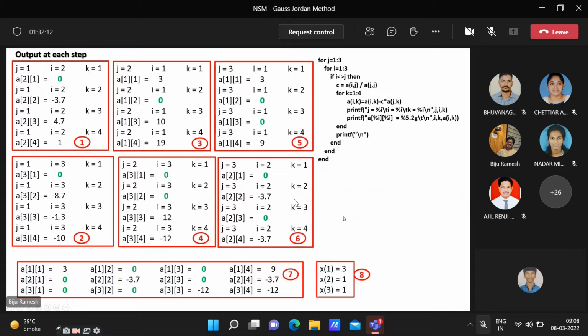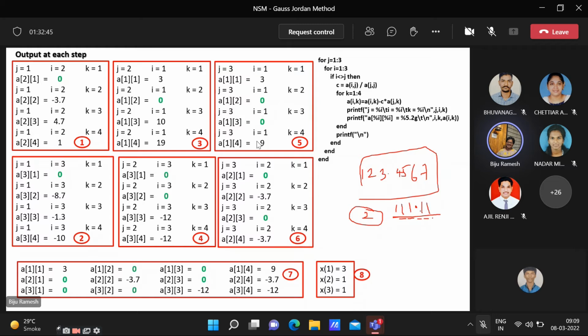Now suppose you have a number like 123.456. You want only two numbers after the decimal point, and a total of 5 numbers. That's all you want. So 5.2 means you have a total of 5, and you are representing two numbers after the decimal point.